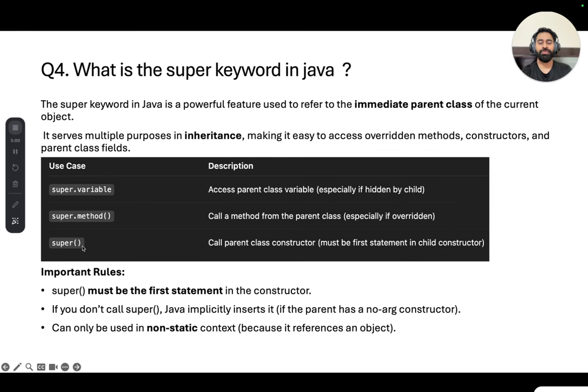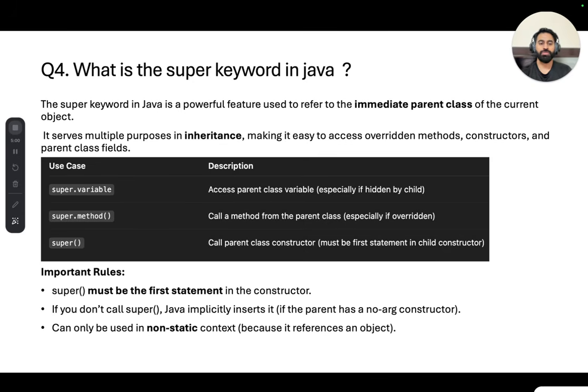It means that you cannot explicitly use this if the parent has no no-arg constructor. I will show you in an example, then you will get the point. The third rule is that super can only be used in a non-static context because it refers to an object.